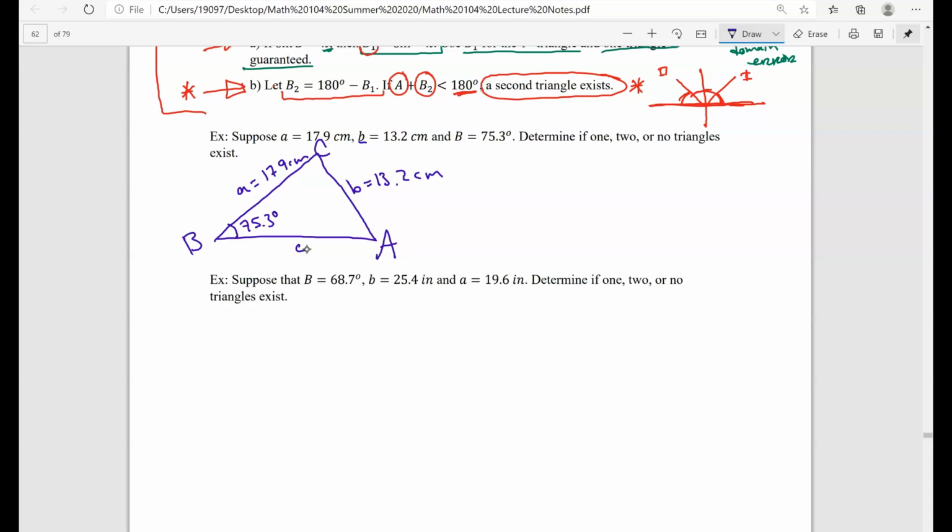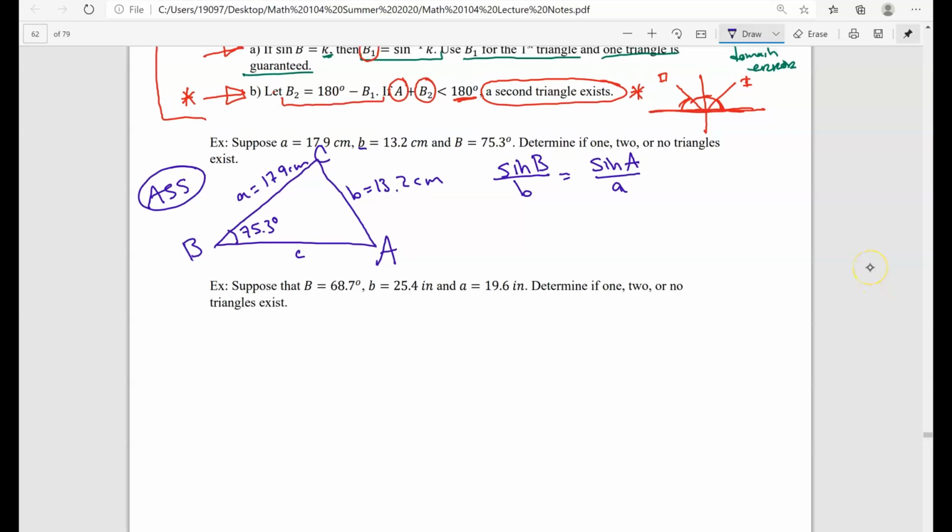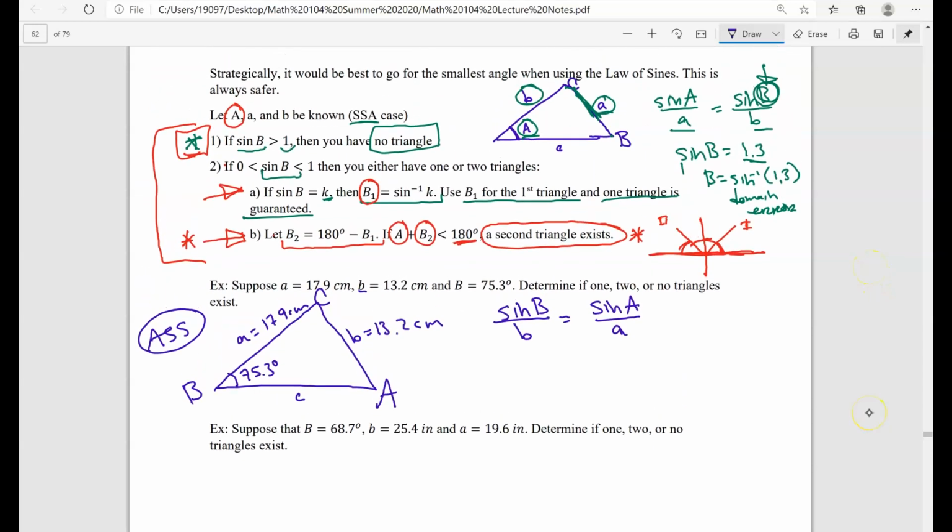The first thing we're going to do is try to use the law of sines, and notice that you have the angle-side-side case. So you basically have this weird case. Let's go ahead and start. You're going to have sine B over little b equals sine A over little a. One thing to keep in mind before we continue is that I just chose arbitrary letters; they can be any letters.